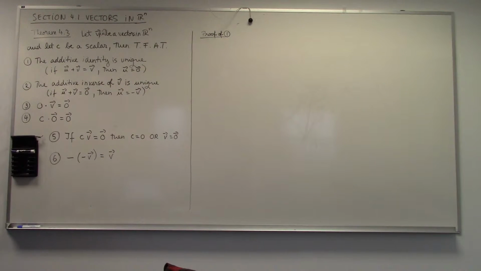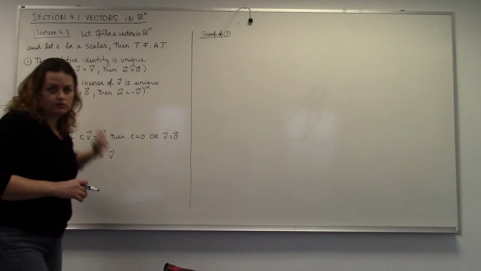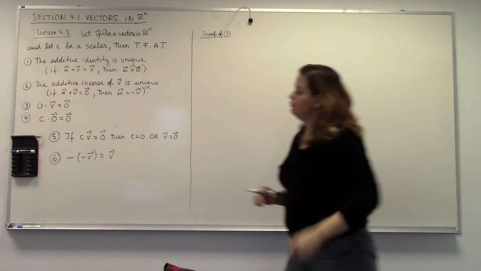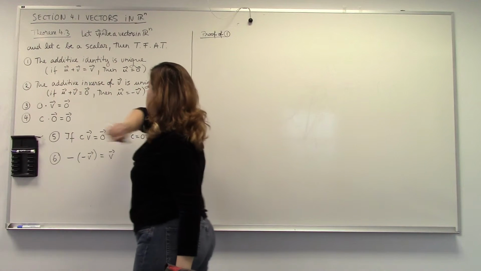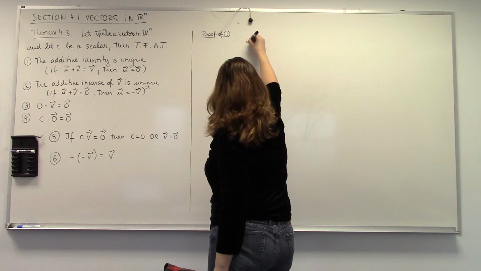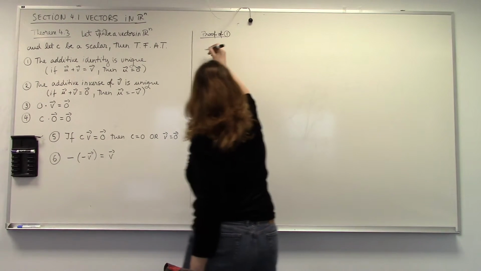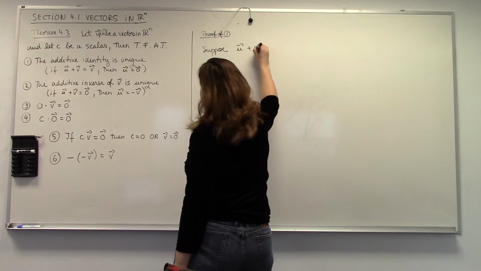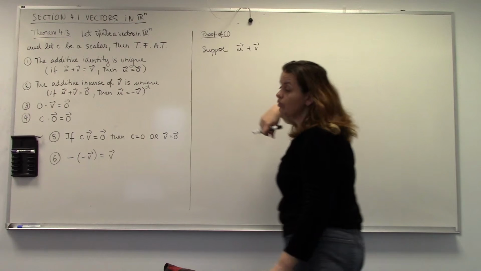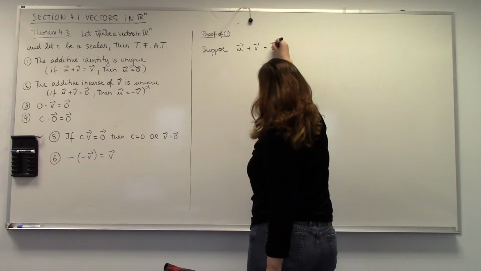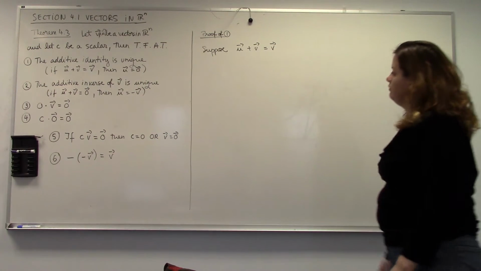Okay, so let's try to do a quick proof of property 1. What I'm going to do here is use the definition of additive identity that the book so informally gave us. So we're going to start with, suppose that u plus v, and of course we're assuming u and v are vectors in Rn, u plus v is equal to this other vector v.